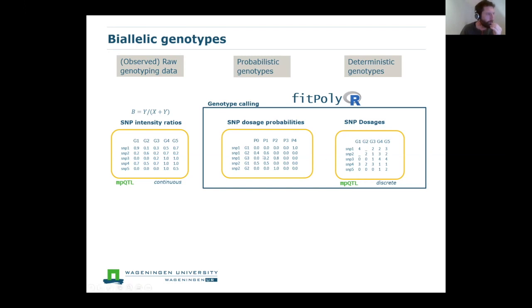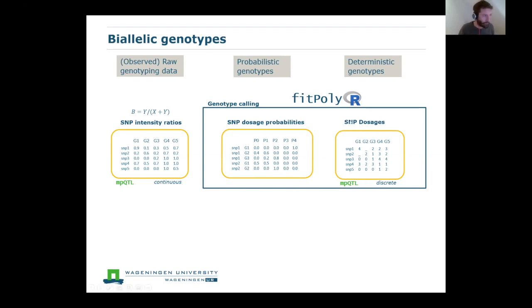But in certain cases, like in the second row, you cannot really assign a dosage because here, for example, you have probability 0.4 for dosage 0 and 0.6 for dosage 1. And then in this case, probably in the output, you will have a missing value because there's still an uncertainty in assigning it.